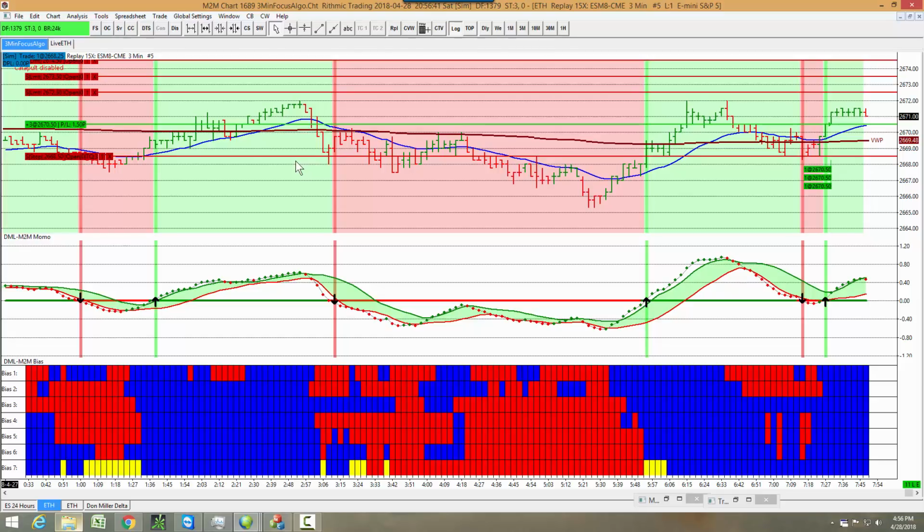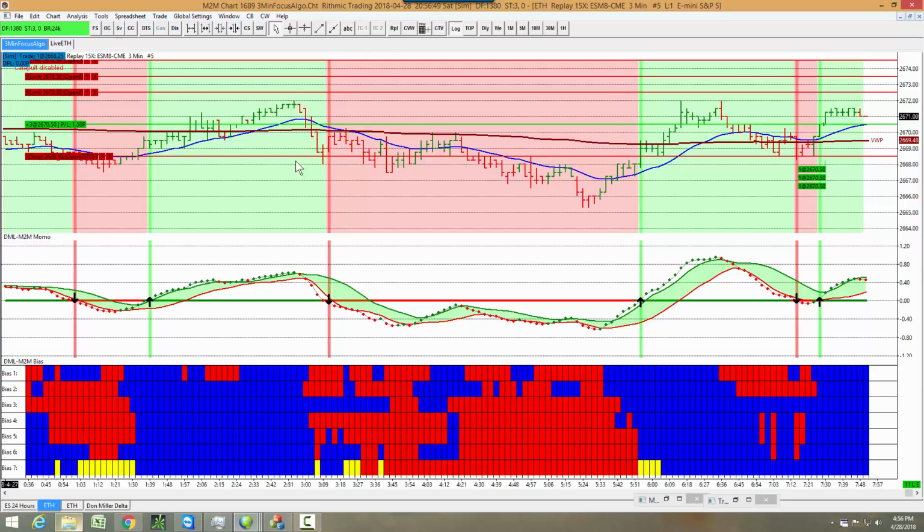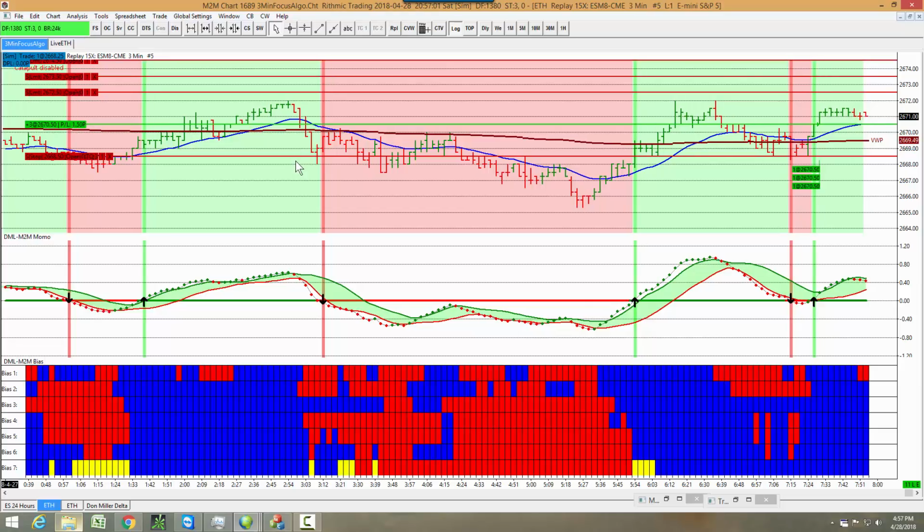So a couple of things here. I tweeted a different algo Friday morning, which was also profitable, but in toying with the programming here a little bit, even though it worked out, I didn't like the execution, mainly because if you look to the left, just around 6 a.m., you did not have full bull bias at bias number 7. You have a yellow color there. And therefore, under these current parameters, that trade would not have triggered. So I thought this would be more realistic.